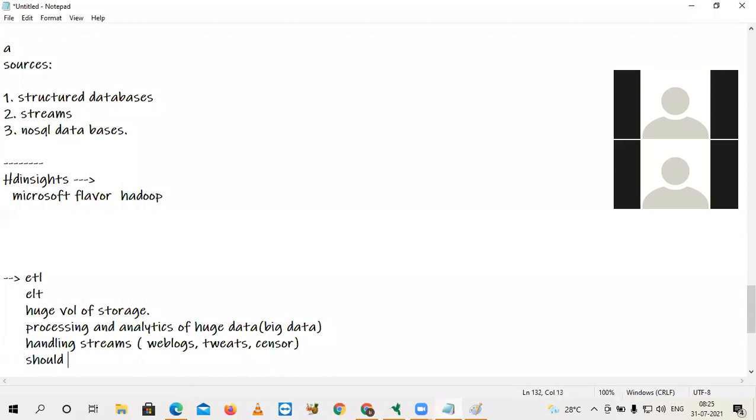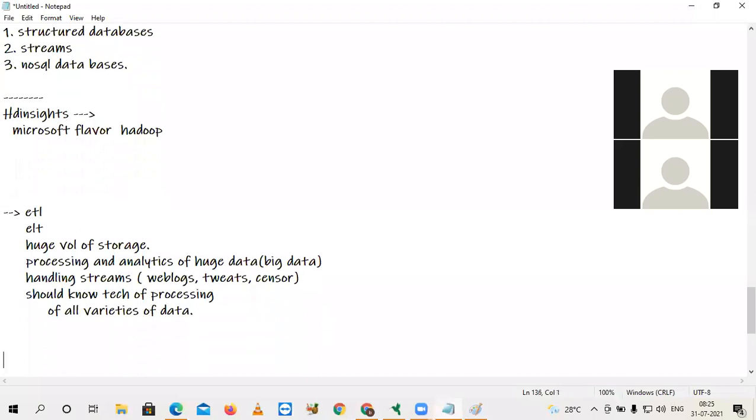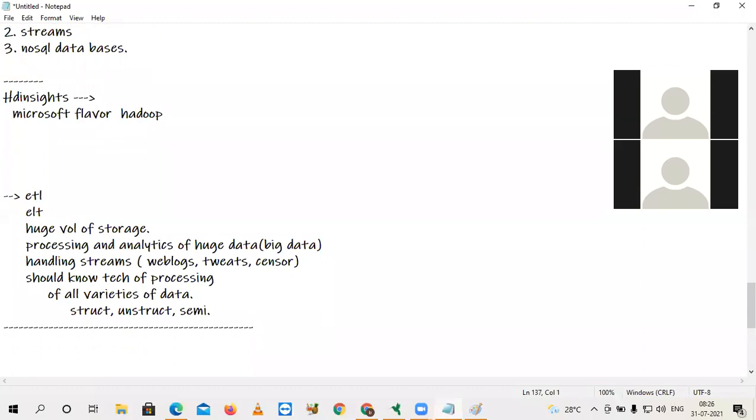And one more thing, you should know the techniques of processing all varieties of data. Generally, what are the different varieties of data here? You can say structured, unstructured, and semi-structured, such kinds of things. All of you understood this?